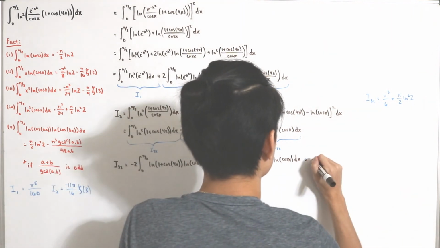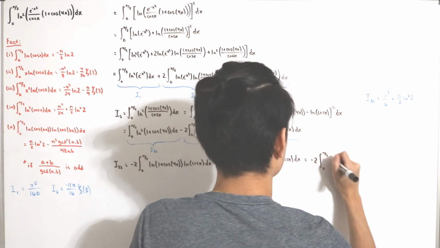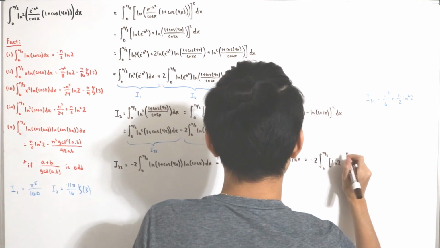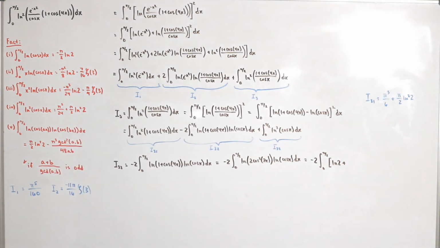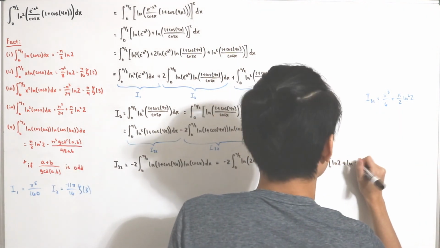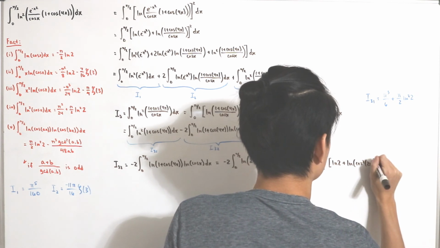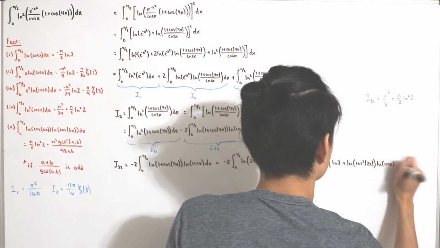So this is negative 2, integral from 0 to pi over 2, ln of 2, and then plus ln of cosine squared 2x, and then multiply by ln of cosine x dx.